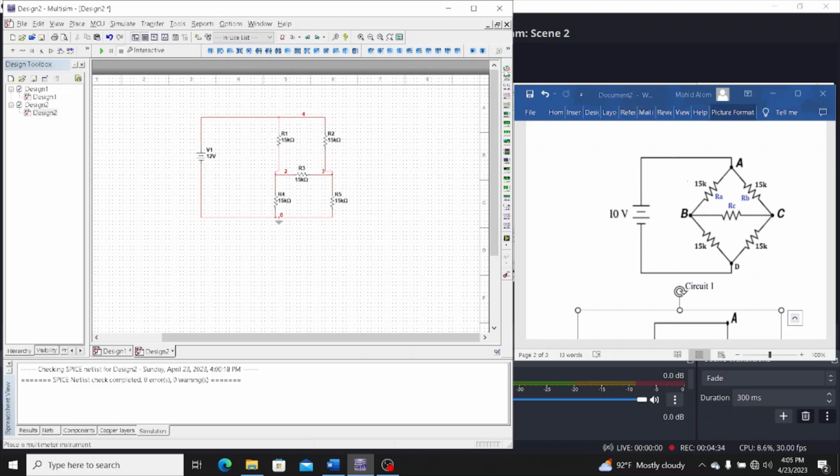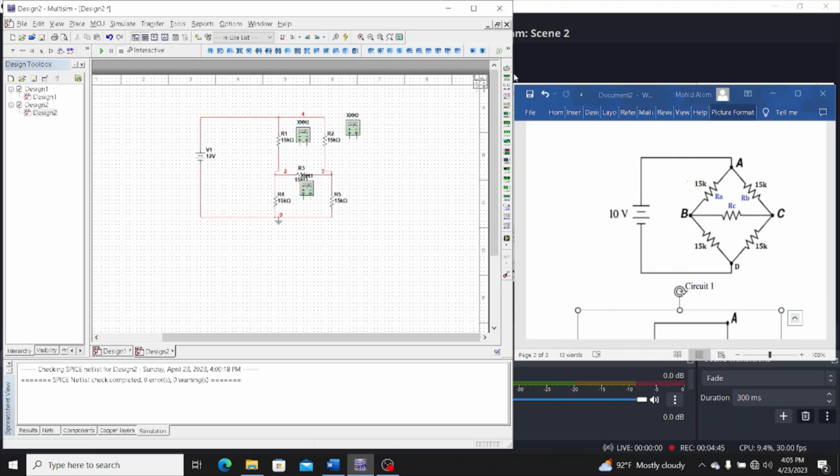Then I'm going to take some multimeter and connect it in parallel to determine voltage.